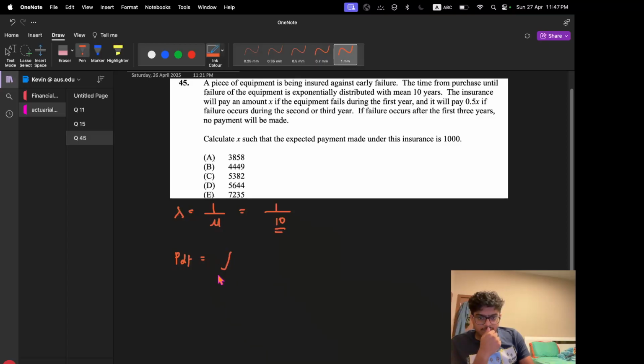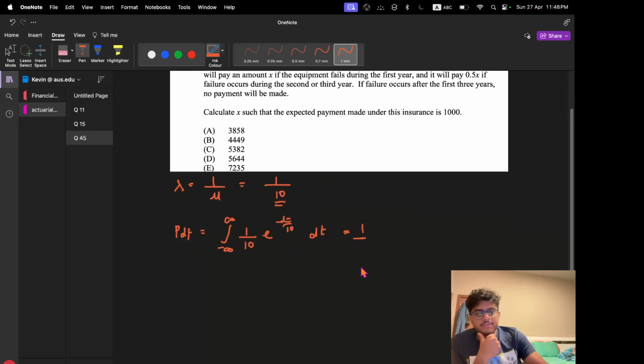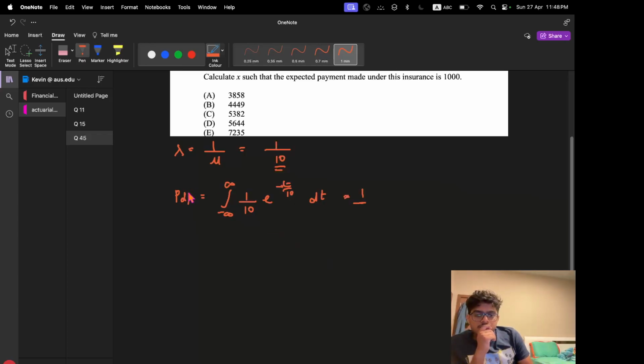So obviously the integral from minus infinity to infinity of 1 by 10 e raised to minus t over 10 dt should be 1. So we have that. PDF integrated, you get CDF basically, so I should probably write CDF.